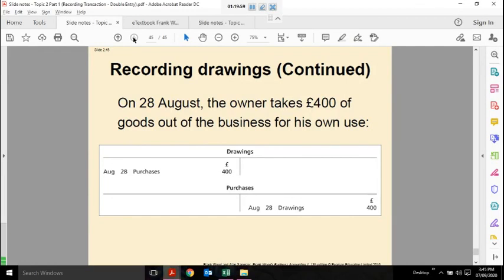And then examples, okay, on 28th August, the owner takes 400 of goods out of the business for his own use. Okay, now he's not taking the cash or withdrawing the money from the bank, but instead he takes the goods out of the business. For example, like during the tutorial session last week, I mentioned that if let's say I take three laptops, one for myself for personal use, and the other two is for my children, for our own personal usage.